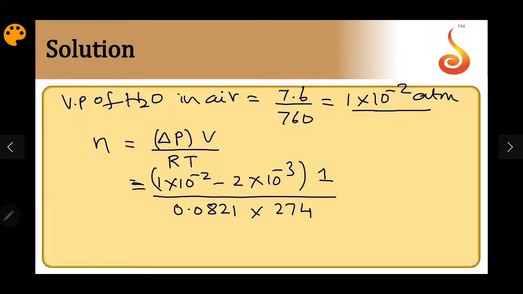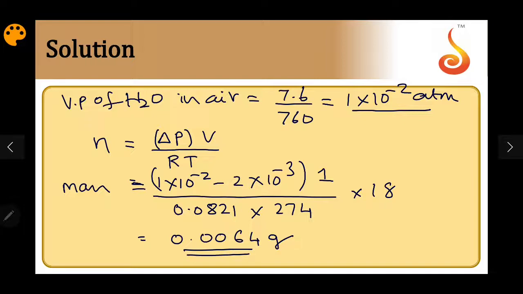This is the number of moles. So if you want to get the mass directly, I have to multiply this by 18. So if you simplify this value, I will get this as 0.0064 grams, or I can write it as 6.4 milligrams of water is absorbed by SrCl2·2H2O to get converted into SrCl2·6H2O to bring back the vapor pressure in that air to 2 into 10 power minus 3.